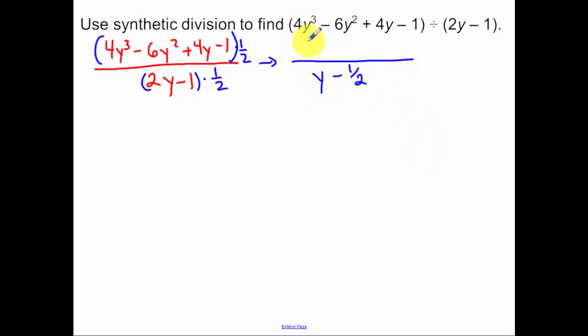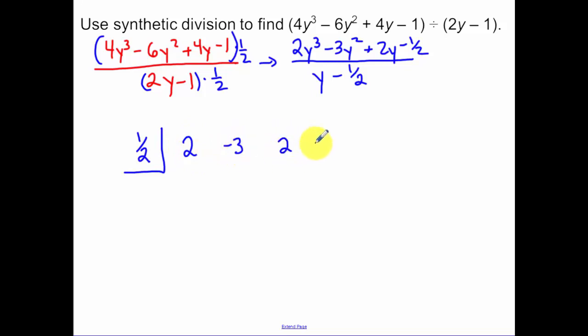When I multiply by 1/2 on the top, we get 2y cubed minus 3y squared, don't forget your squared, plus 2y minus 1/2. Okay, so in your box, you're already in y minus, so I just put the positive 1/2 in. Then I put a 2, a negative 3, a 2, and a negative 1/2.